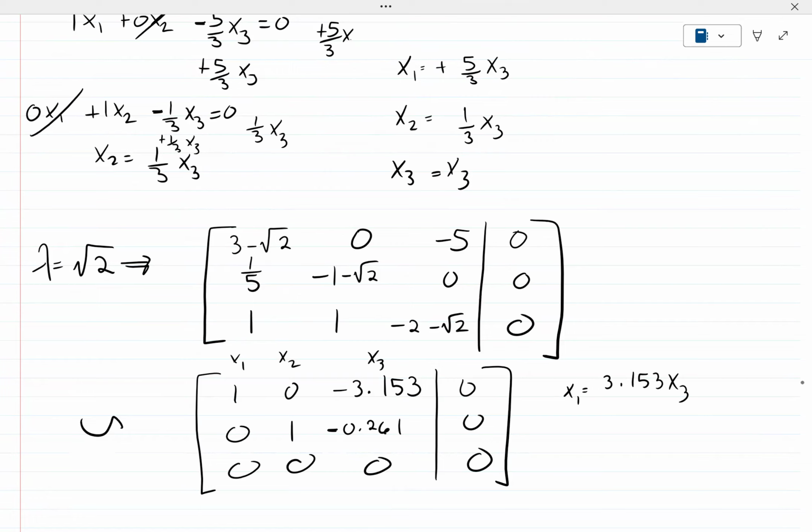So this is like saying 1x1 plus 0x2 minus 3.153 x3 equals 0. And then I solve for x1 by adding positive 3.153 x3 to both sides. Okay, so my x2 is going to be 0.261 x3, and my x3 is x3.